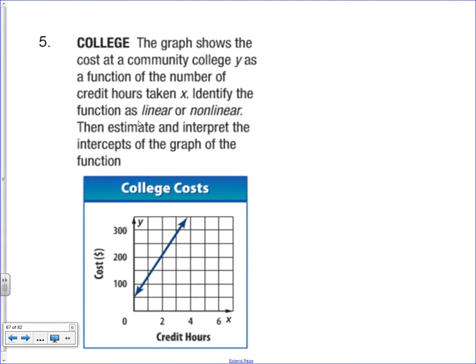Okay, easy enough. Okay. What else does it ask me to find? The intercepts. I have x-intercepts, I have y-intercepts. Let's do x-intercepts first. Remember, the x-intercept is where a line crosses the x-axis.